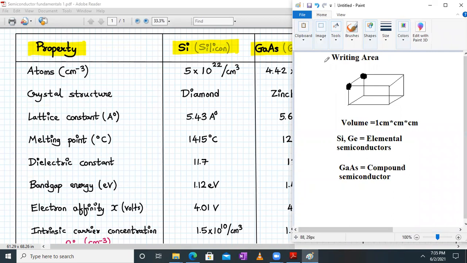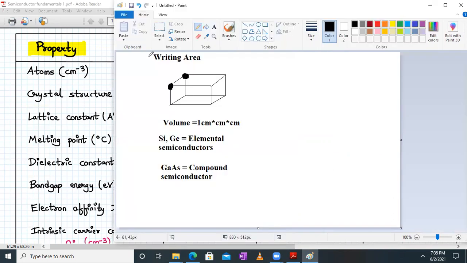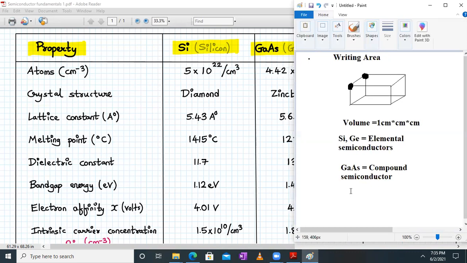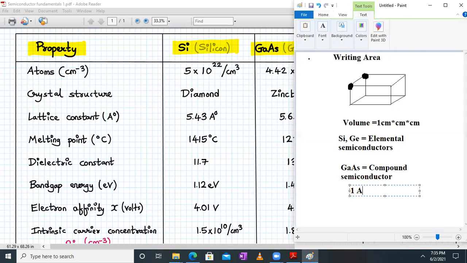Now 1 angstrom is equal to 1 into 10 raised to minus 8 centimeter.